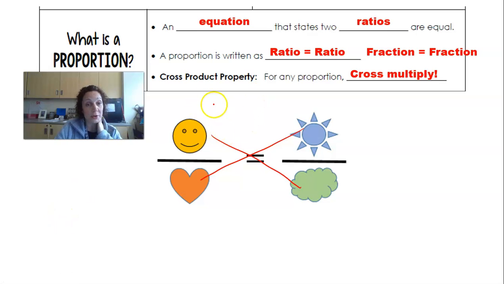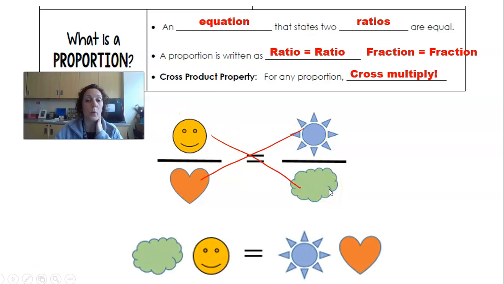So you're going to notice something. When you do crisscross multiplication, first things first, your fractions disappear. Both of them disappear in one step. It's awesome. The other thing I want you to notice is that your numerators are going to stay put. So once we cross multiply this, I will have smiley face times cloud on one side, and then I will have heart times sun on the other side, because I'm crisscrossing multiplication.